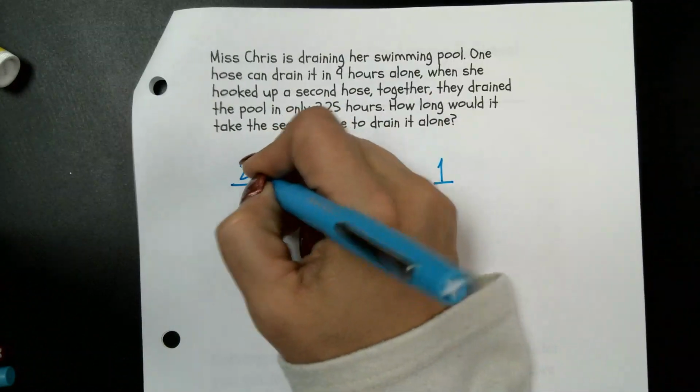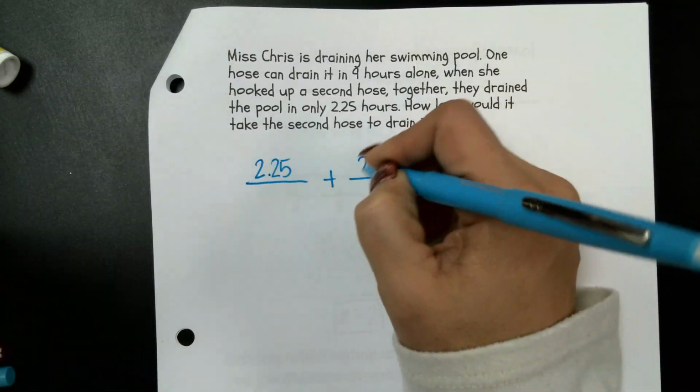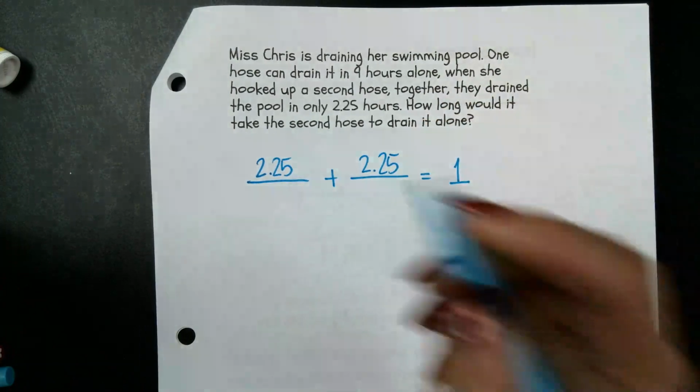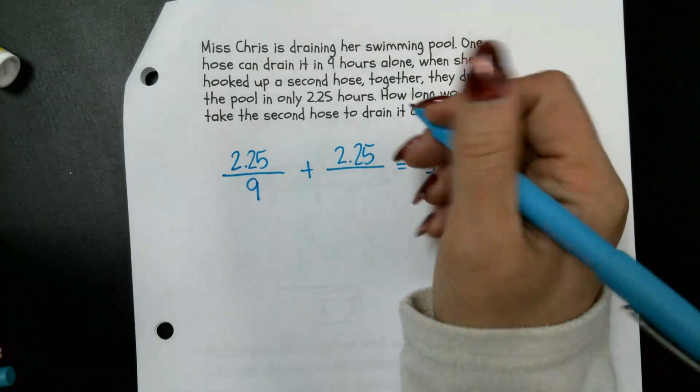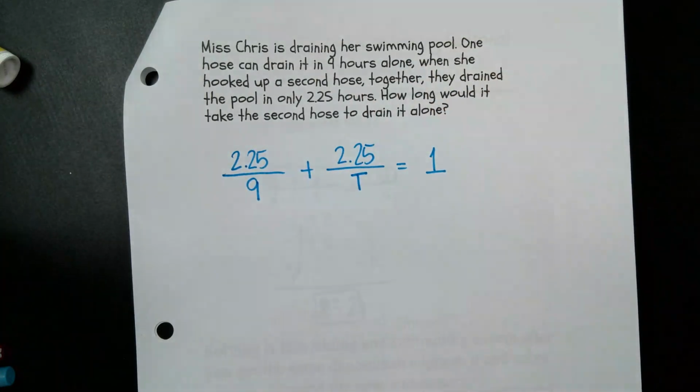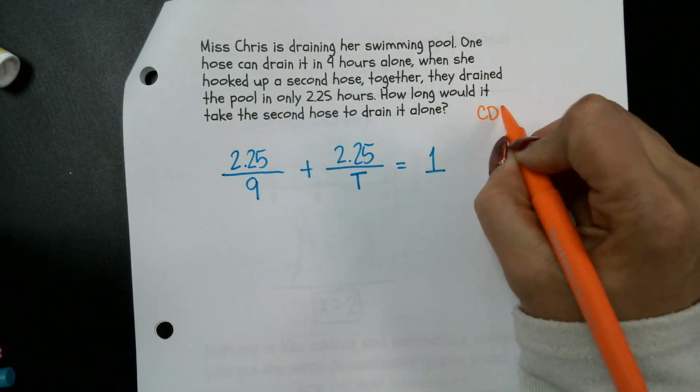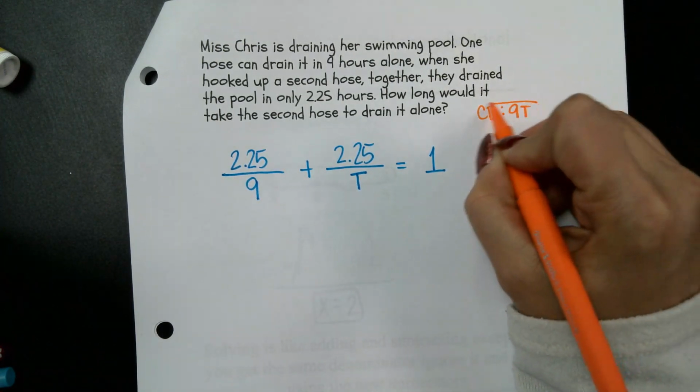So we said 2.25 up top. And then on the bottom, one of them would be 9 and the other one, whatever letter you want to use. I'm just going to stick to T's the whole time. All right, so what is the common denominator? 9t.